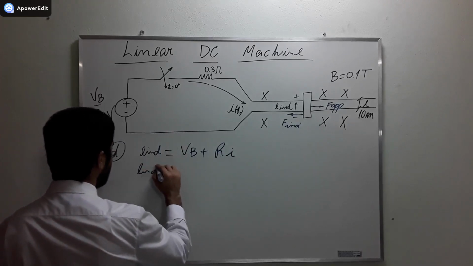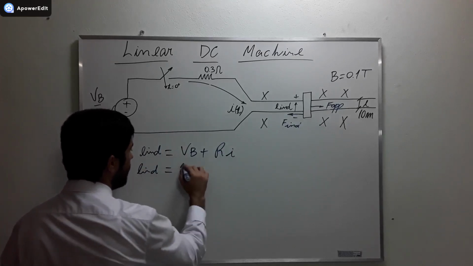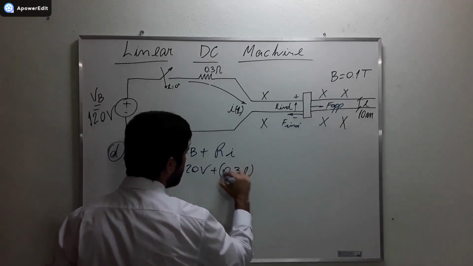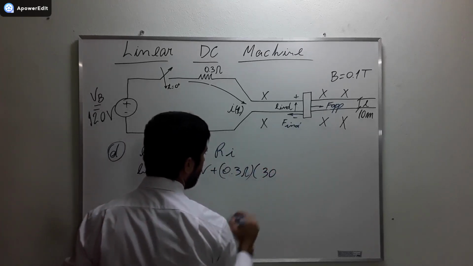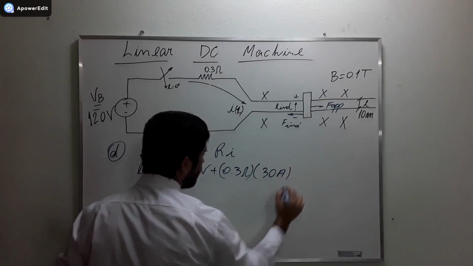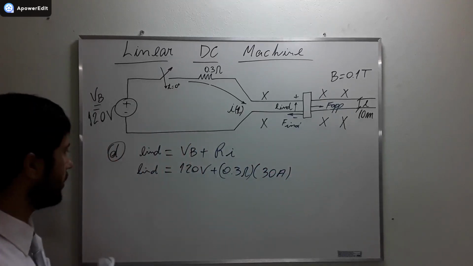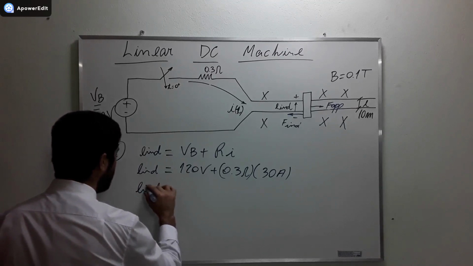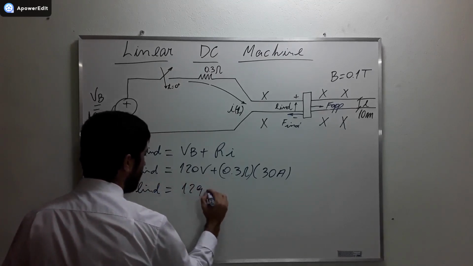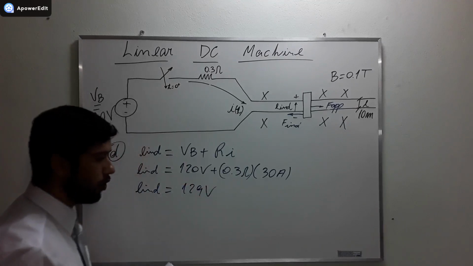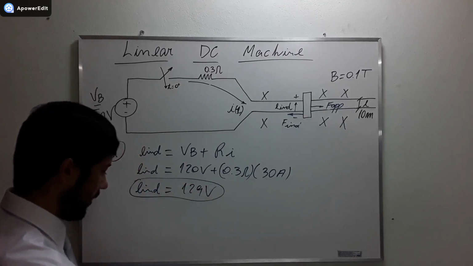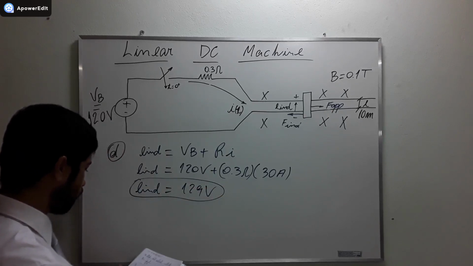The induced voltage is going to then be 120 volts plus 0.3 ohms times the current. Wasn't it what we calculated? And then we find that the induced voltage is equal to 129 volts.